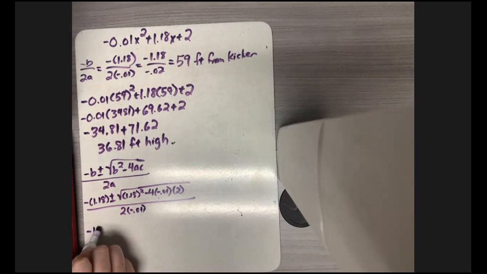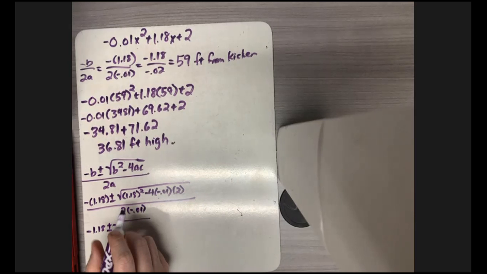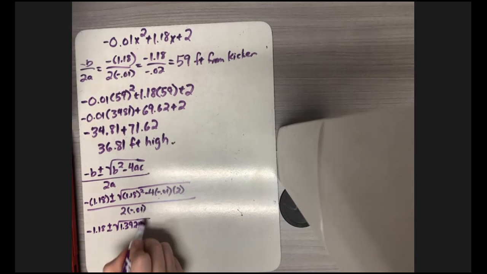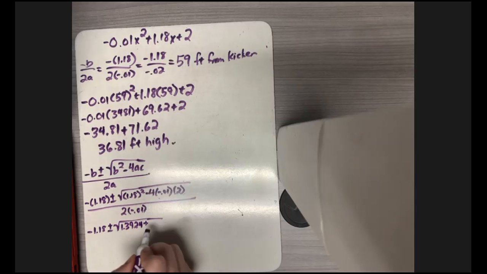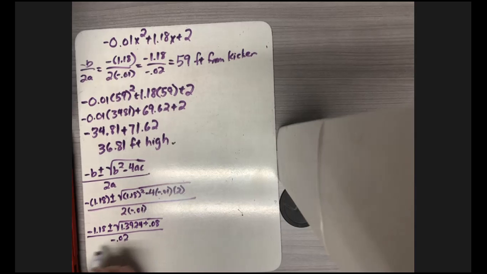Cleaning this up a bit, 1.18 squared is 1.3924. The negative makes it positive, and 4 times 0.01 times 2 is 0.08, over negative 0.02. Combining the stuff underneath, you get 1.4724 over negative 0.02.